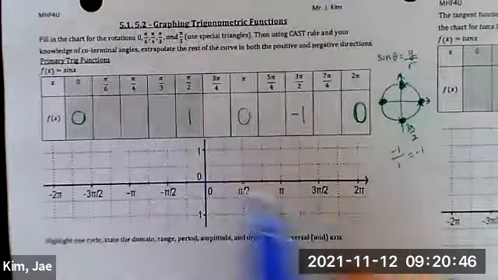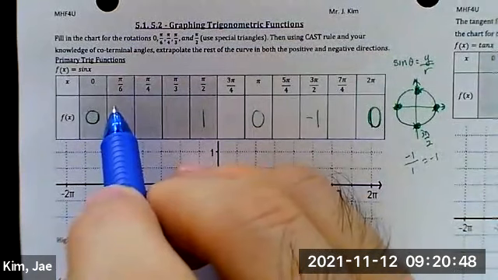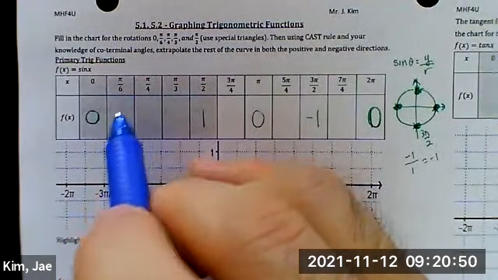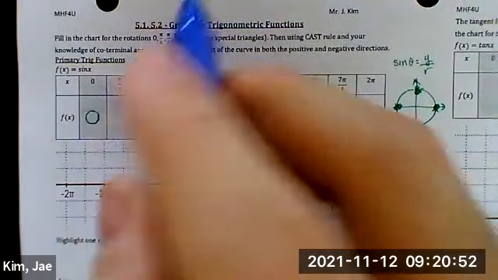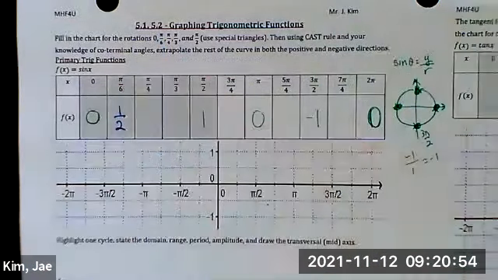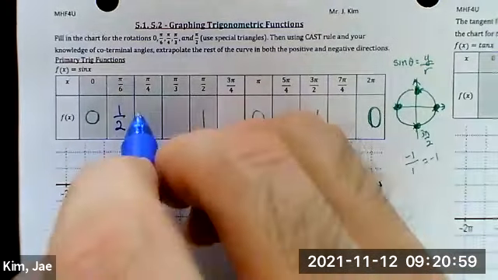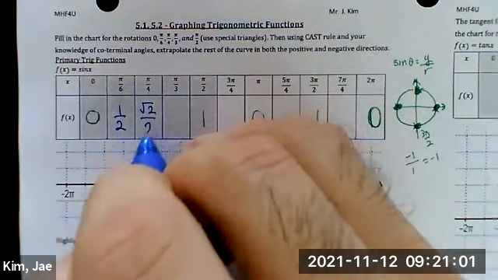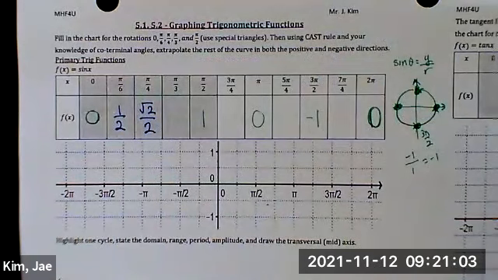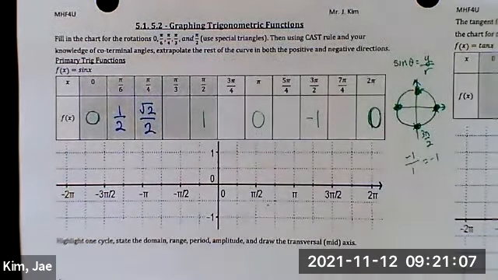Here we go. If you use your calculator or you use your special triangles, sine of pi over 6 will get you 0.5, half. Sine of pi over 4 would give you, which is approximately 0.7.